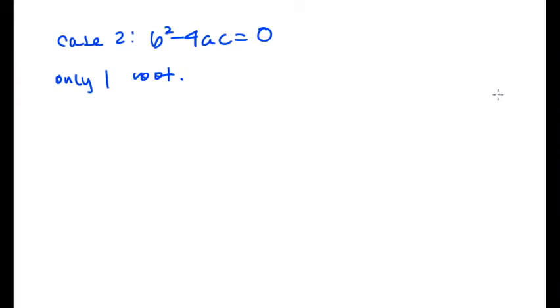And this root is usually called a double root. We could also say that there are two roots that are equal, but there's only one x-intercept. That's what one root means. I mean, there's not really one root, but yeah. And it's rational.